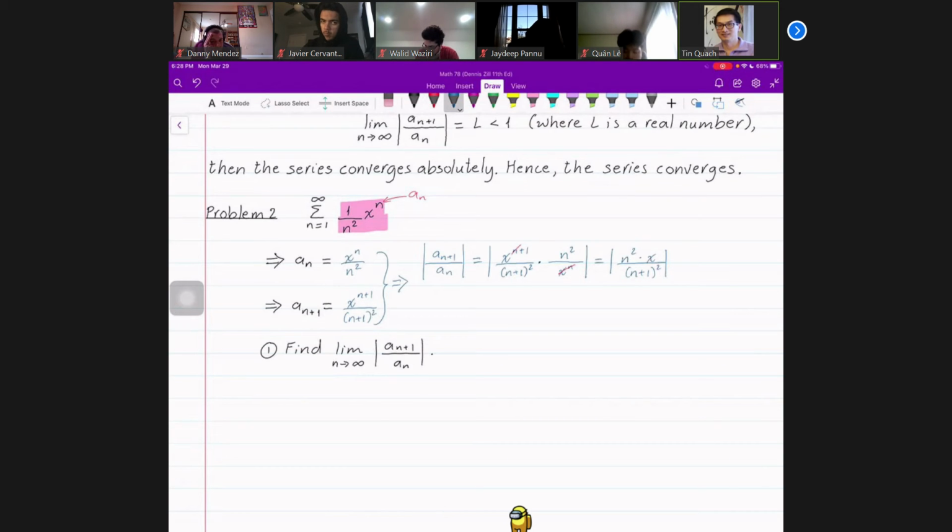And then by the definition of absolute value, you can write like this. Now, n squared over n plus 1 quantity squared. This quotient right here is always positive. So you do not need to use the absolute value.